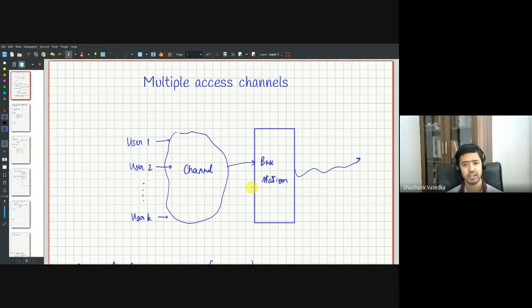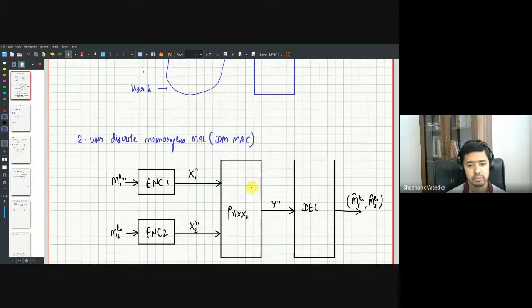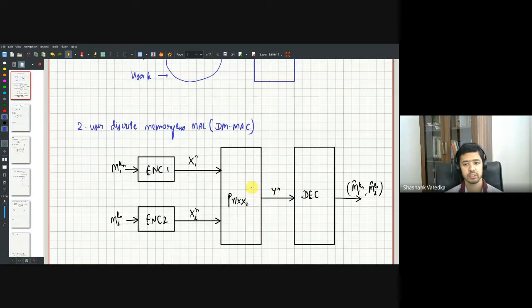Essentially, all of these are multiple access channels. And in general, if there are say 10 people who are talking at the same time to one person, you know that it's difficult for that person to distinguish what is spoken by whom. So that is really the challenge in communication over multiple access channels.